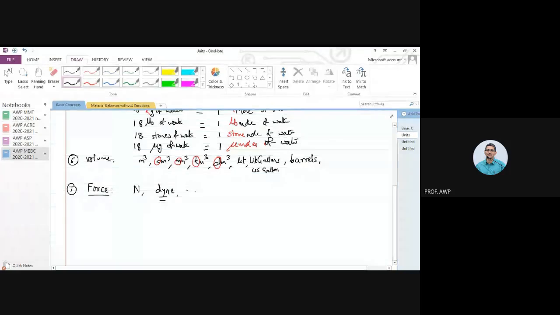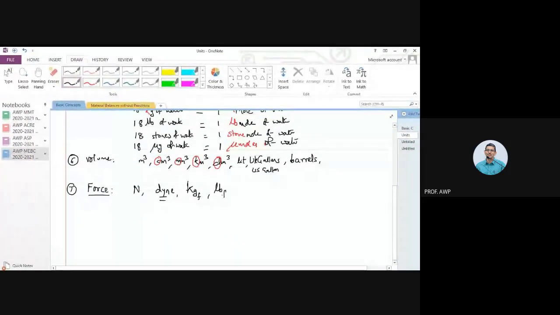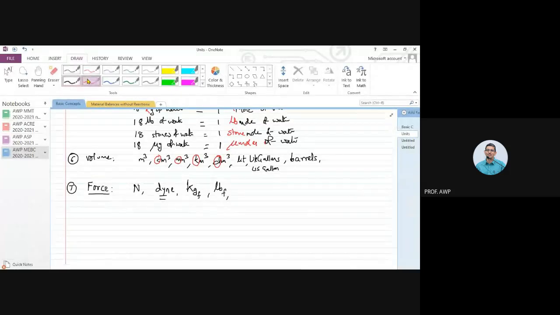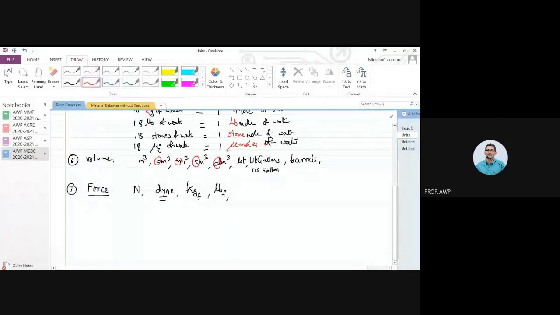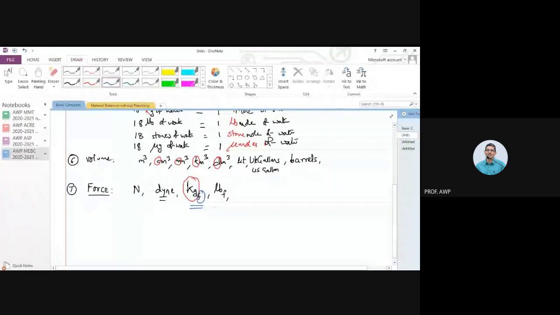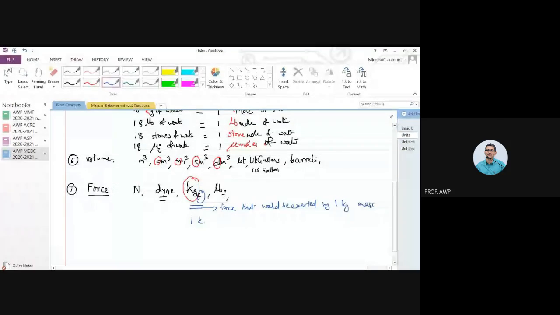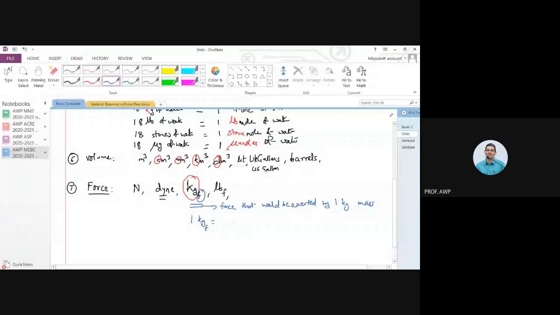Kg force, right? Or we could have a pound force, right? What this tells you is that it consists of two words, kg and force. So it is the force that would be exerted by 1 kg mass. 1 kilogram force would be the force exerted by 1 kilogram.